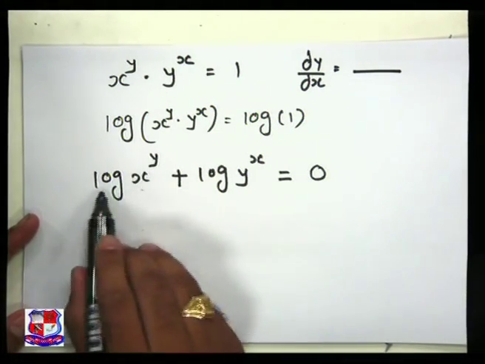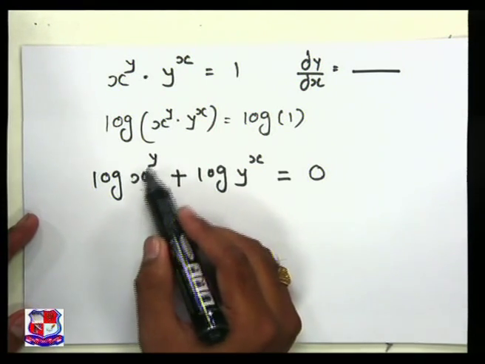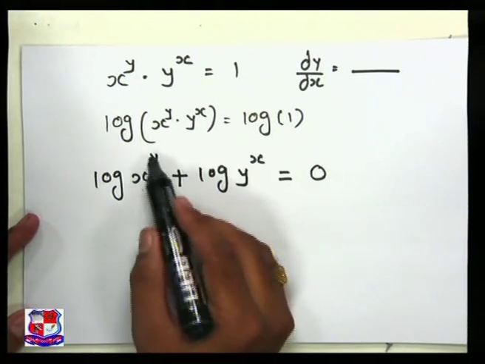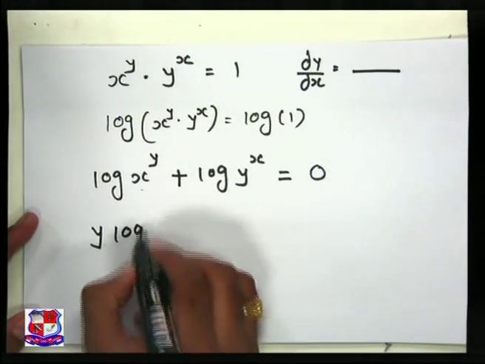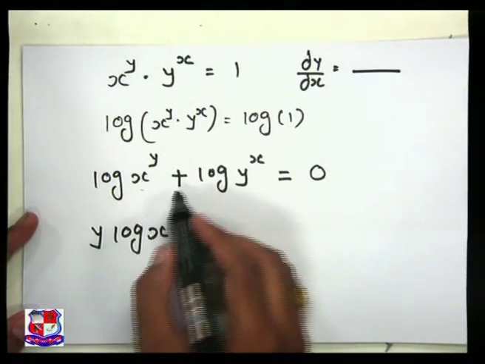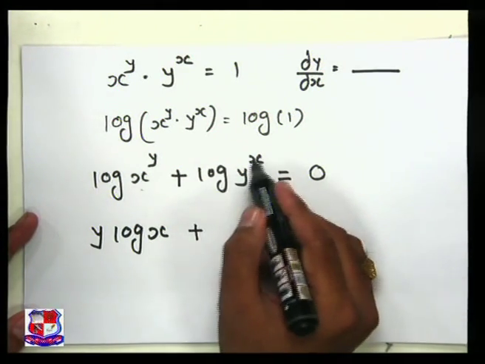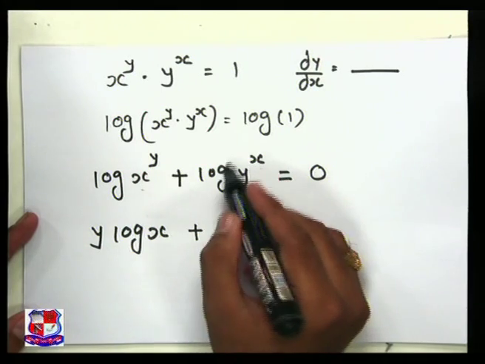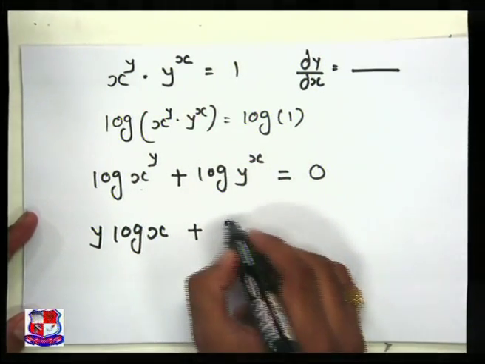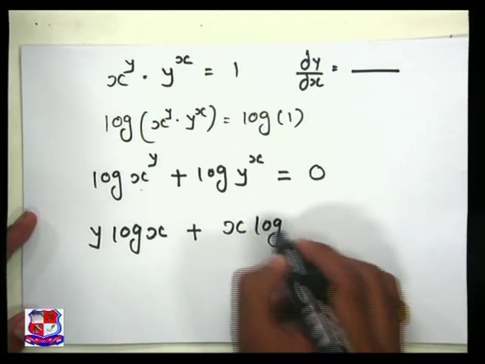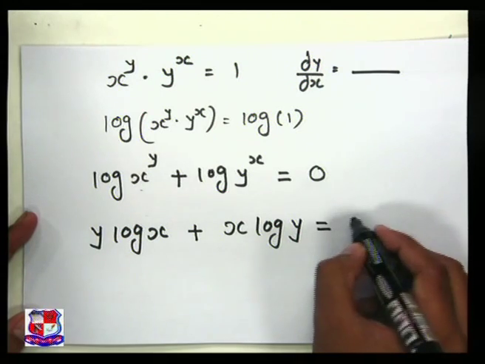Now simplify the left hand side: x raised to y in terms of power and here log, so the power comes forward, so the result is y log x, plus sign as it is, and again y raised to x with log, so the power x comes forward, that is x log y. So the result is y log x plus x log y, equal to 0.